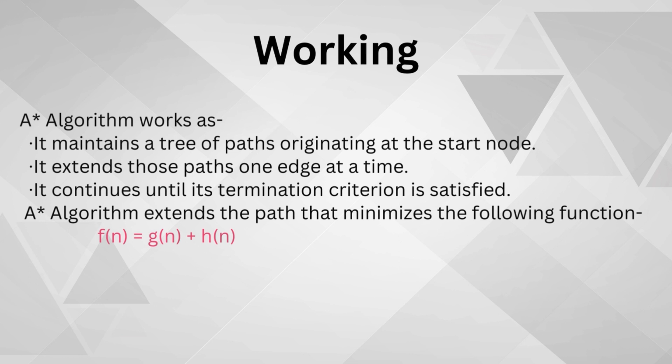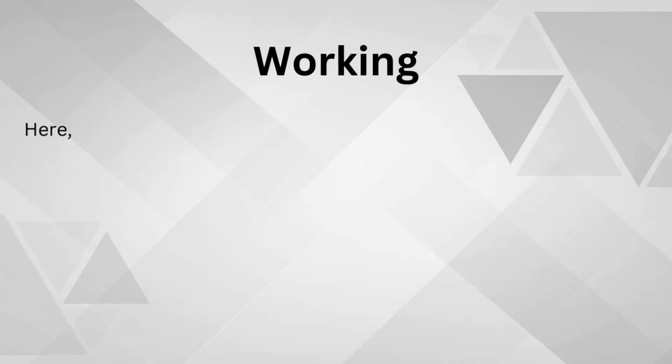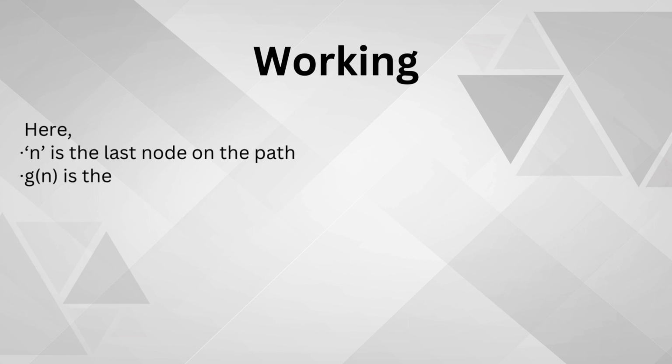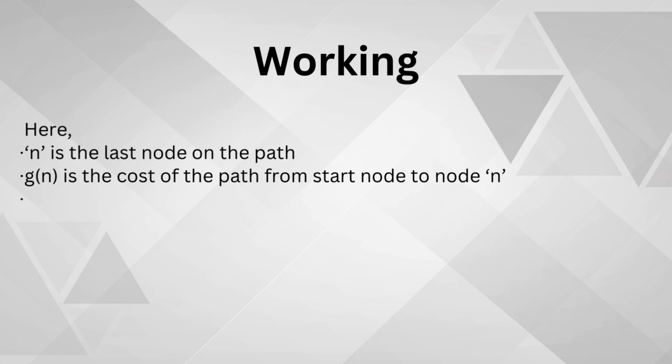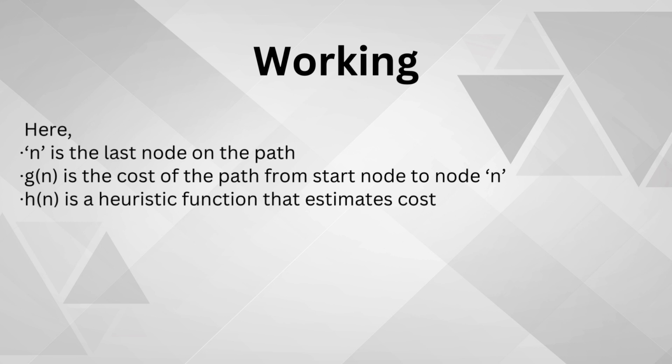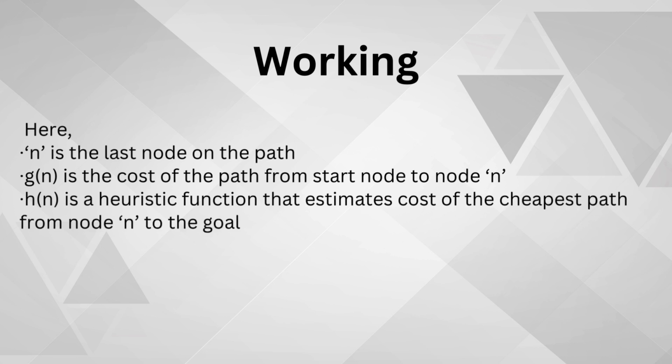A star algorithm extends the path that minimizes the following function: f of n is equal to g of n plus h of n. Here n is the last node on the path, g of n is the cost of the path from start node to node n. H of n is a heuristic function that estimates the cost of the cheapest path from node n to the goal node.